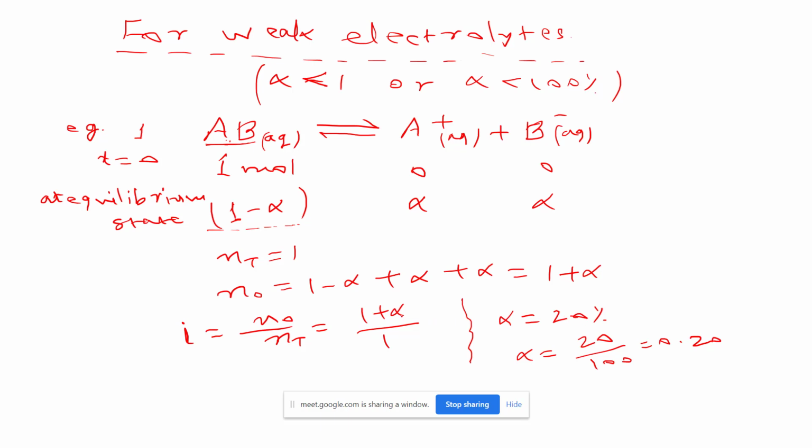If it is 20%, then what is the value of i here? 1.2. i will become 1 plus 0.2, so 1.2, and it is greater than 1. So for dissociation we always get a value of i greater than 1.